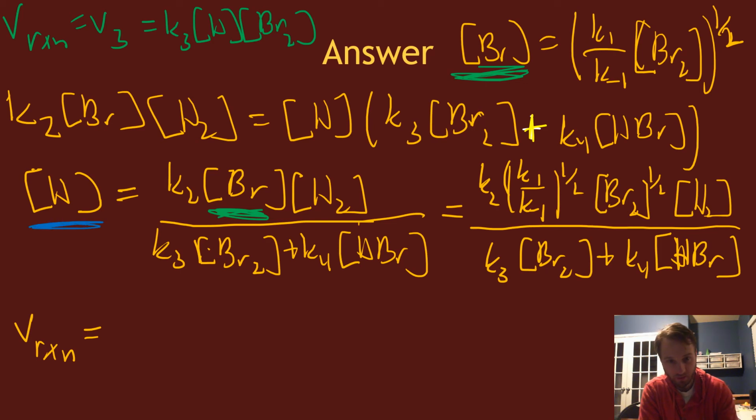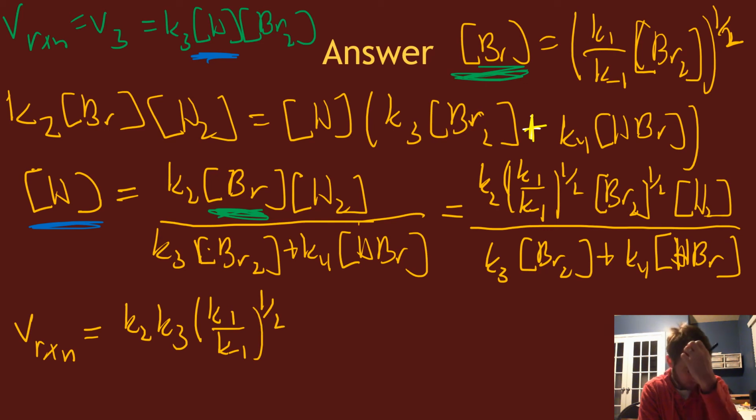So plugging that in, finally, the rate of the reaction is going to equal, plugging this guy into [H] up there, we get that the rate of the reaction is k2 k3 times (k1/k-1) to the 1/2 times the concentration of H2 times the concentration of Br2.